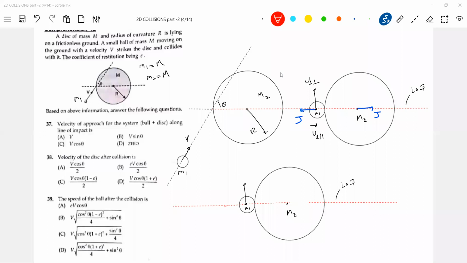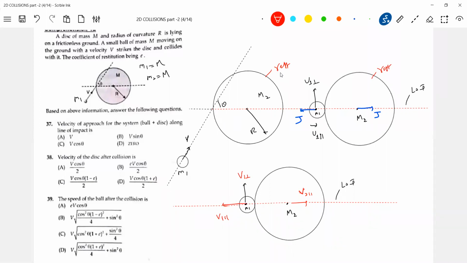This is v1 perpendicular, this will be v1 parallel, and this will be v2 parallel. Why is there no v2 perpendicular? Because the impulse is acting only along the line of impact, and initially the disk is at rest. And finally, this is what happens here.